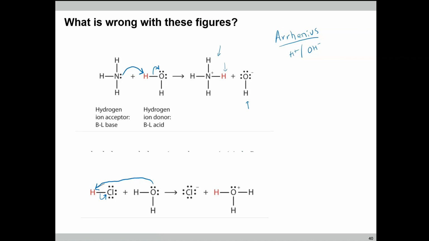But it would be a Bronsted-Lowry base or an Arrhenius base. So there are some distinctions. I'm not super worried about you being able to distinguish those, but it's kind of the same idea, with a subtle distinguishing characteristic between those different kinds of things. So with the Bronsted-Lowry definition, we are donating a proton.